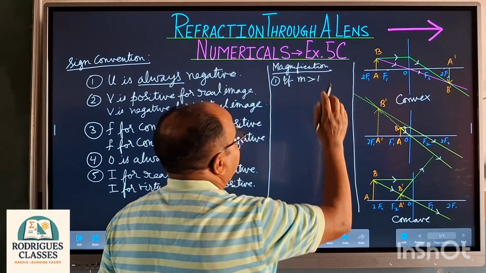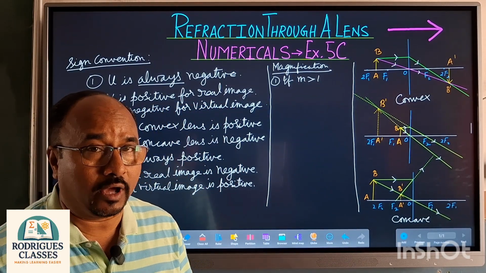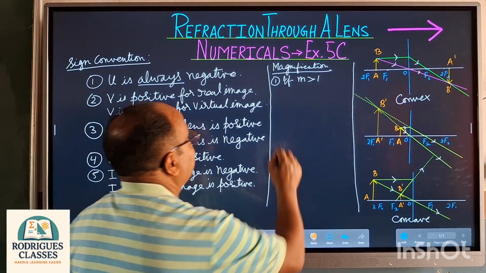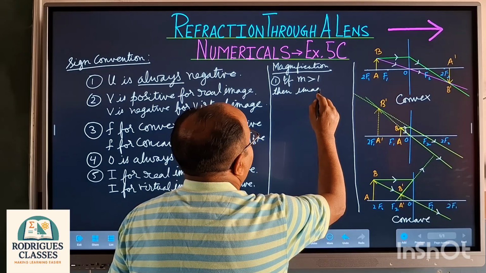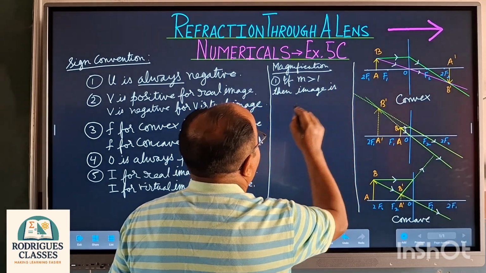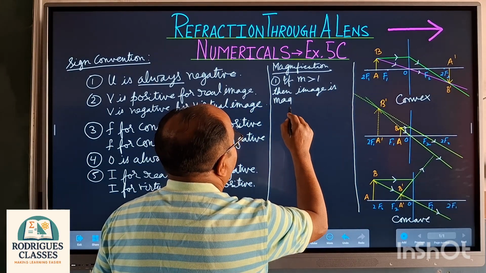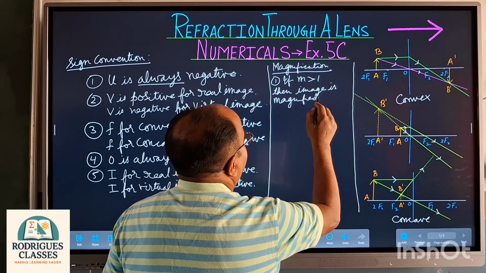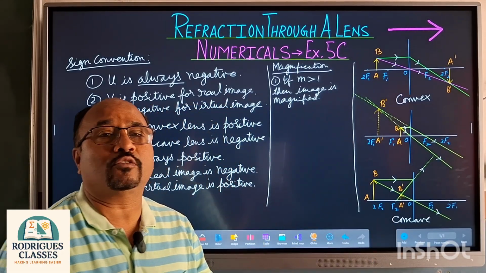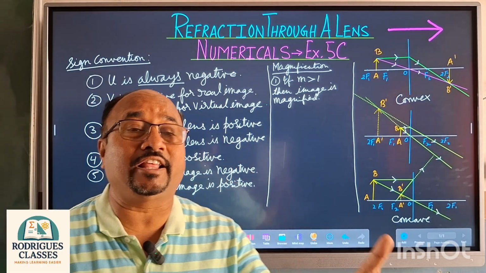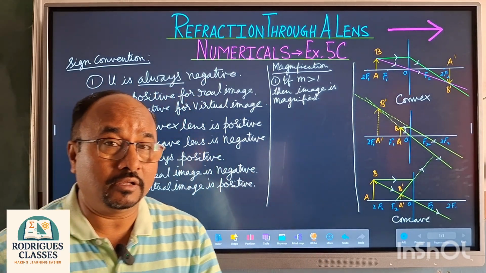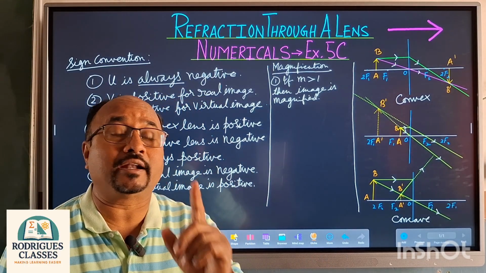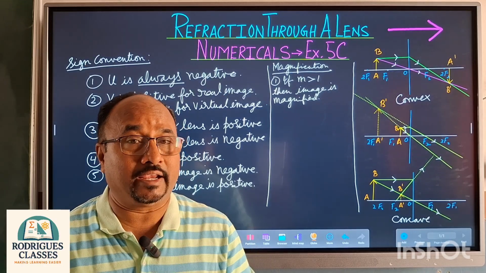Okay, so first of all, I am writing here if m is greater than 1, then the image is magnified. So whenever you calculate m and it is greater than 1, it is magnified. Please remember here that we are looking at the magnitude, not the sign.